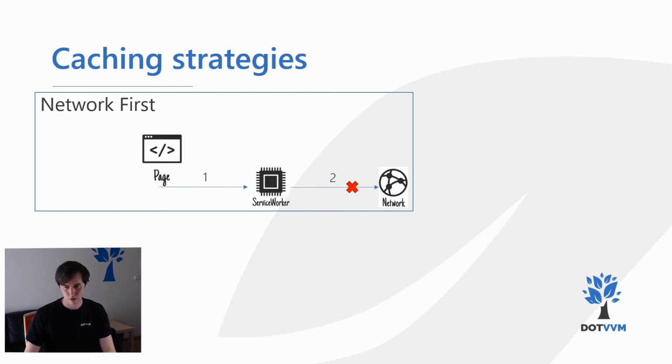There is some problem with the online state, so the device is either offline or it's on a bad connection and it didn't get through. So then the fallback is to look into the cache. So first of all, the service worker tries to run the request to the server, but it fails. So then it takes a look in the cache and returns the file from the cache if it finds it there.